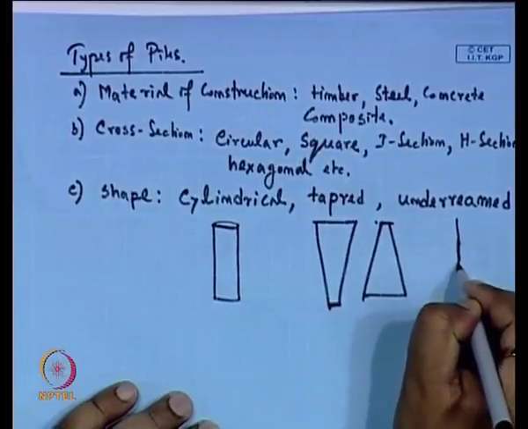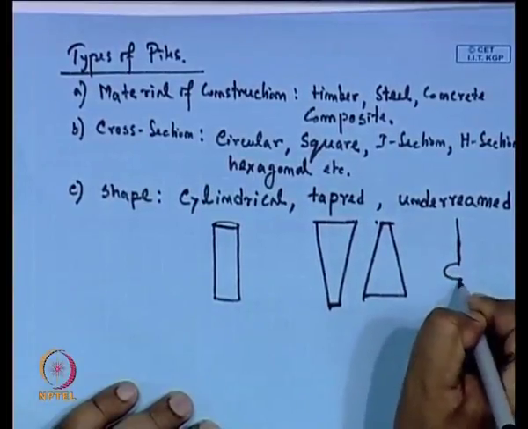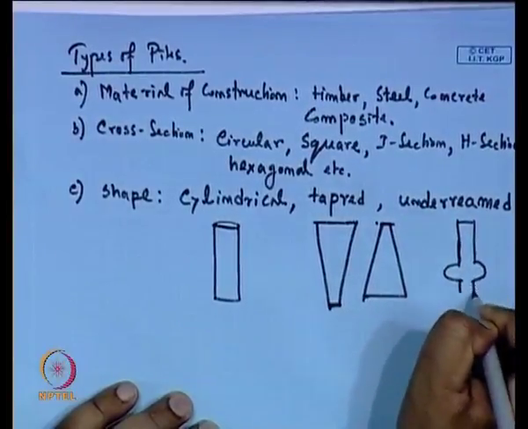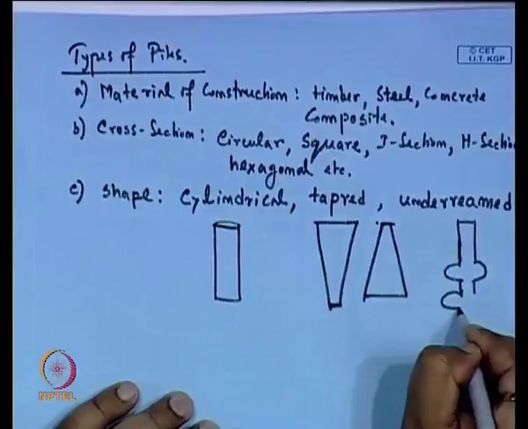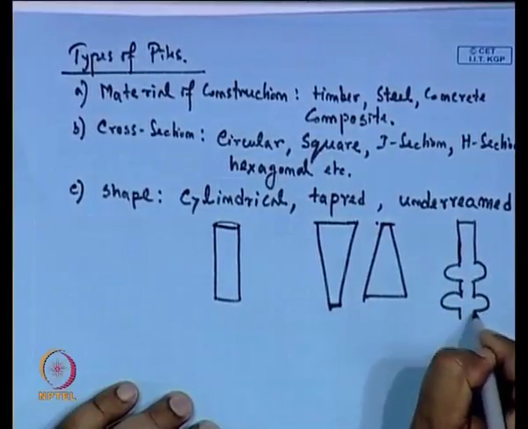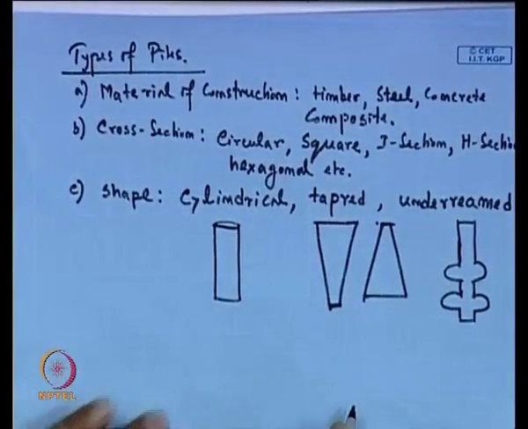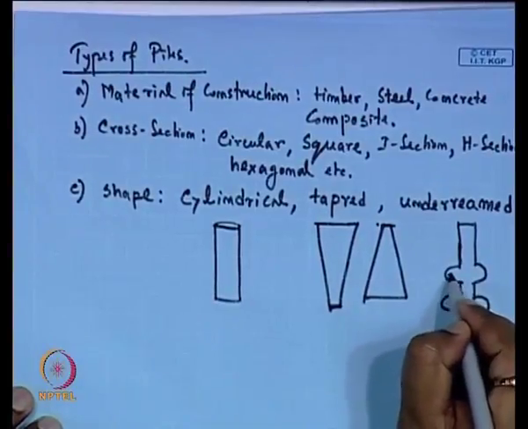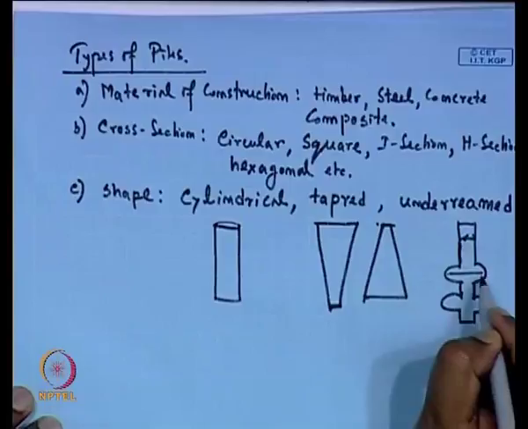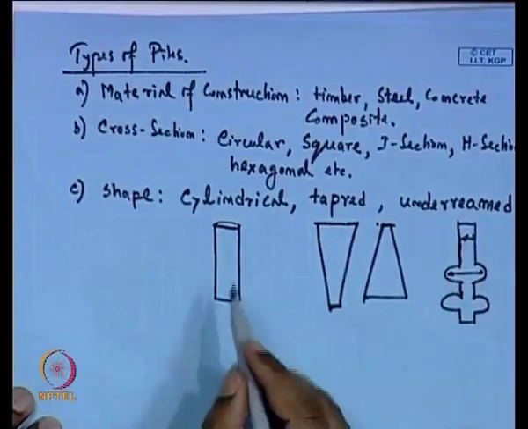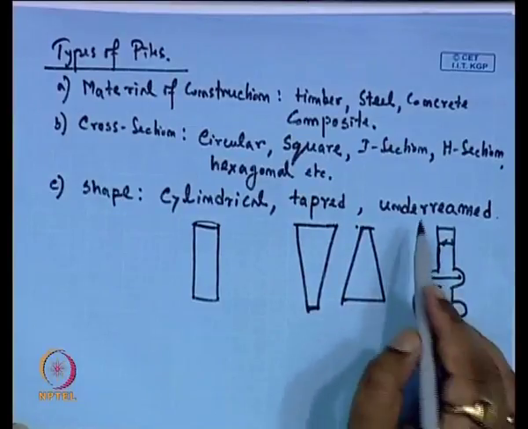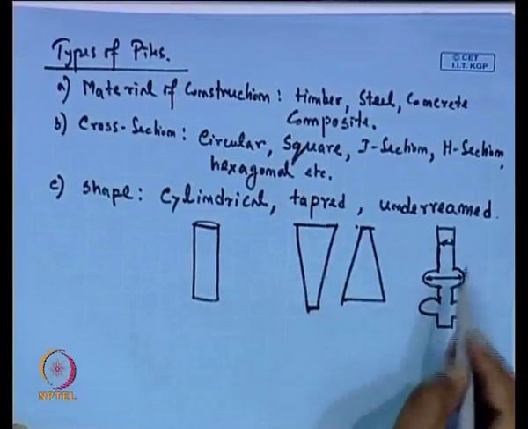Suppose here some bulb is constructed, so this can be single bulbed or double bulbed. So, these are the tapered piles, where this diameter is higher compared to this diameter. These are the specific shapes of the piles, and for different types of soil we can use different types of pile.